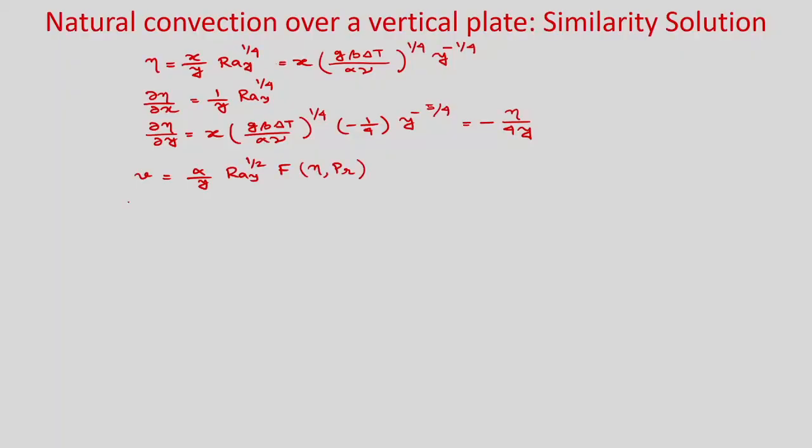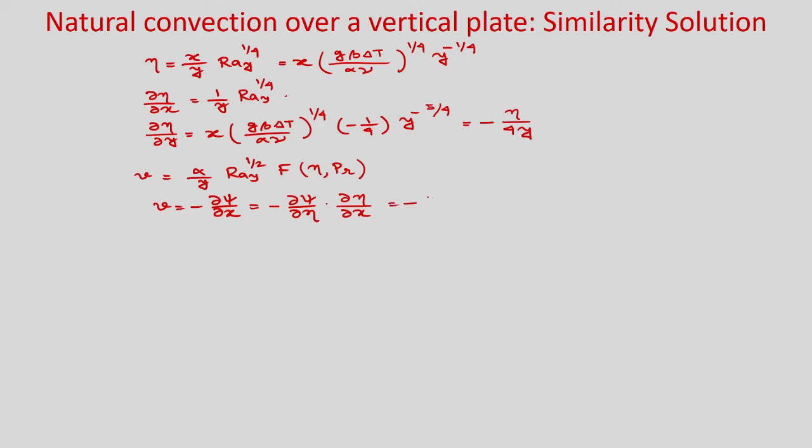So, now let us find what the stream function psi is. You can define v is equal to minus del psi by del x, right. If v is minus del psi by del x, then you can write this as minus del psi by del eta into del eta by del x. Del eta by del x we have already found here.